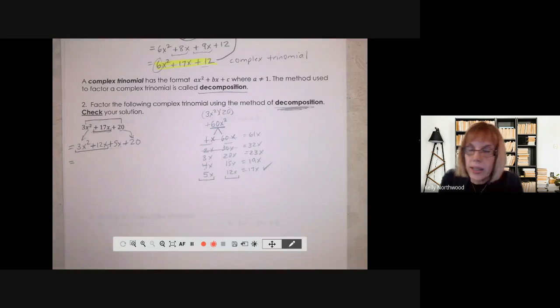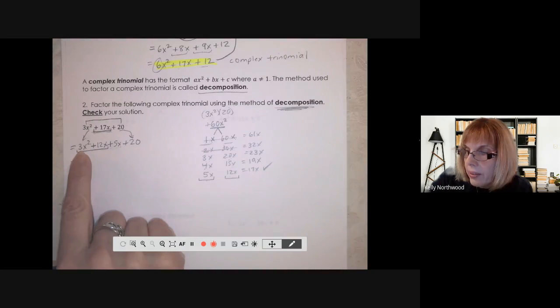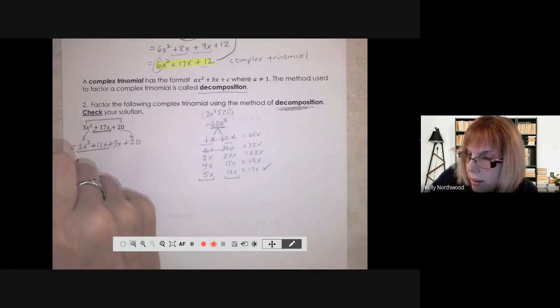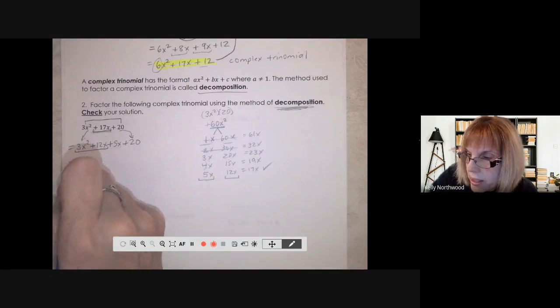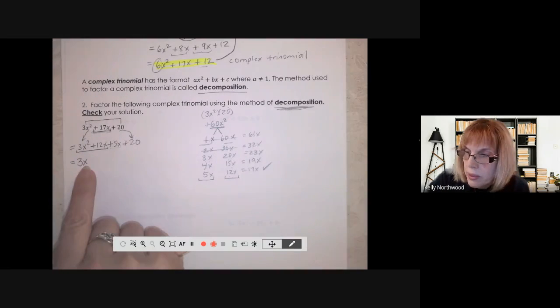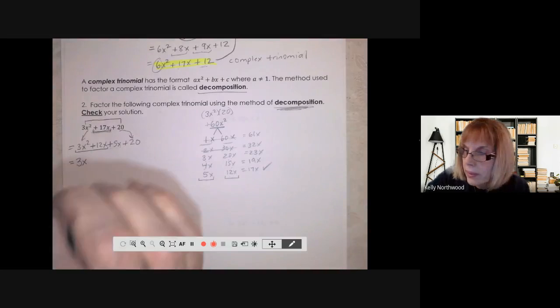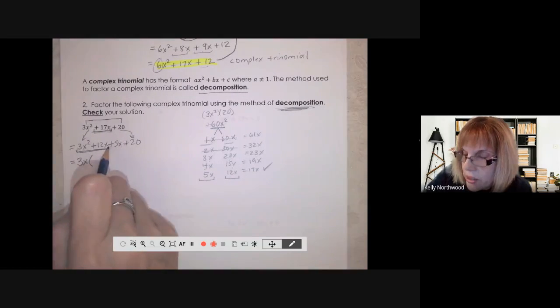So if you just look at the first two terms, 3x squared and 12x, they have 3 in common, and both terms have an x, and the smallest exponent on the x is a 1, sorry. So just for the first two terms, 3x is common. And then I want to go ahead and common factor just the first two terms.